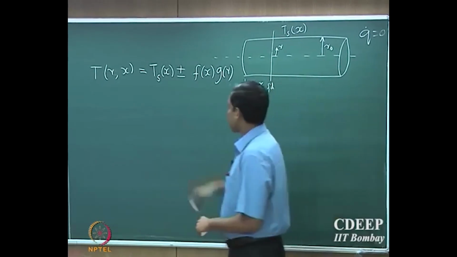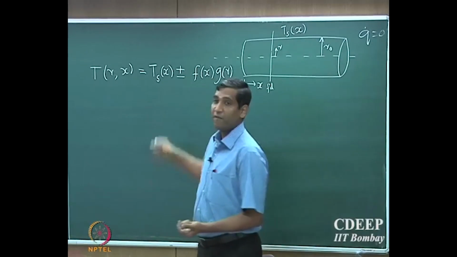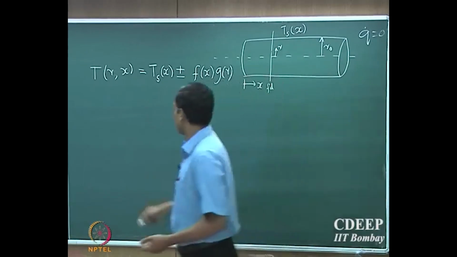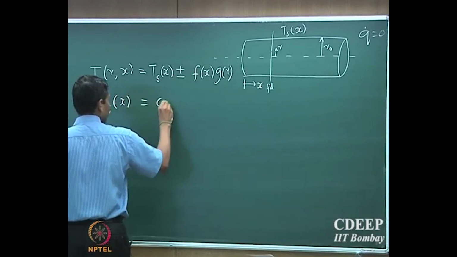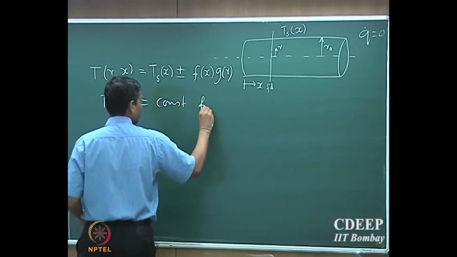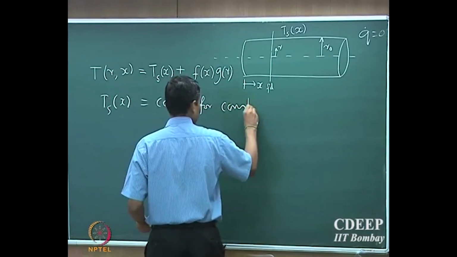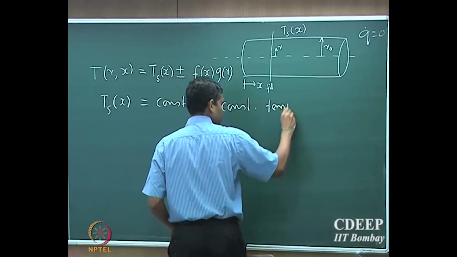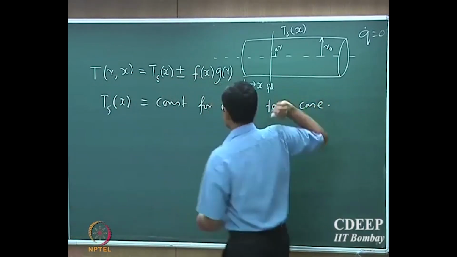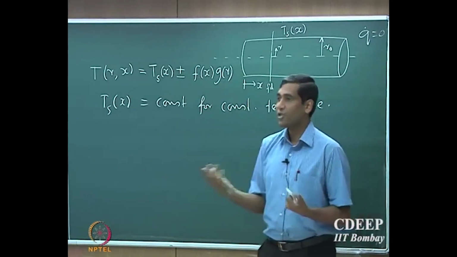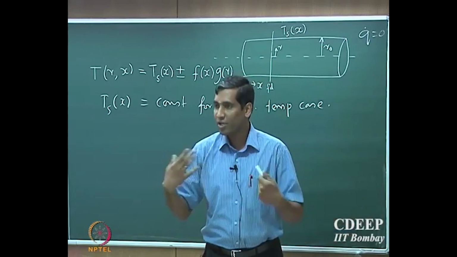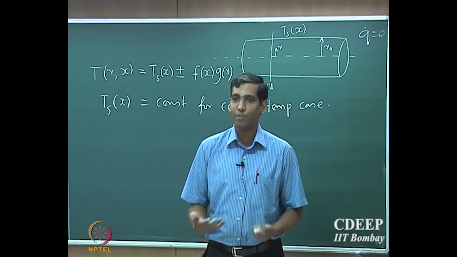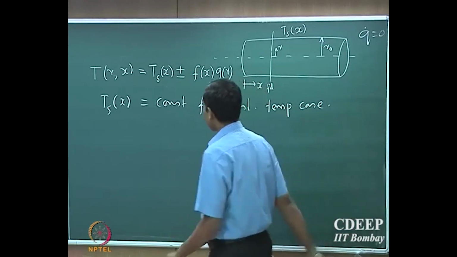Okay. So that's a function of x position if it is a constant flux case, and Ts of x is constant for constant temperature case. Okay. So this is the general functional form. Note that we have not solved anything, we have just observed what is the general functional form of the temperature profile. Okay.